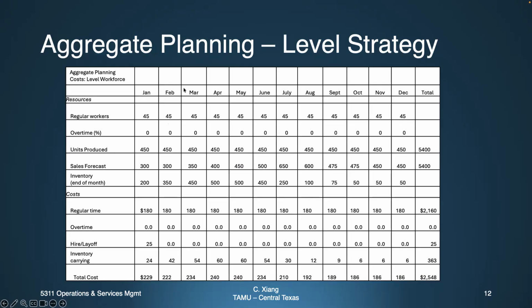Okay, even though the firm is large, the table can still look relatively simple, because we are working with aggregate generic units. Okay, no matter how complicated your product is, it just shows up as a generic number. Okay, it's 300, something like that.